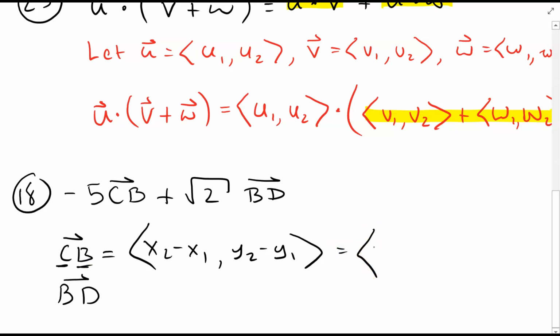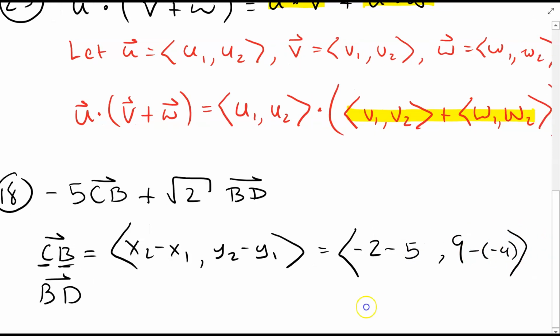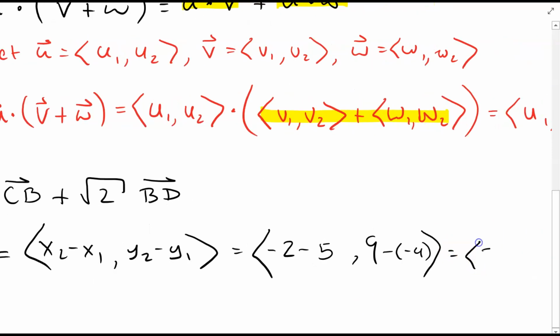So C is the point negative 2, 9, and B is the point 5, negative 4. So CB is the component form vector negative 7, 13. We okay with how I did that?